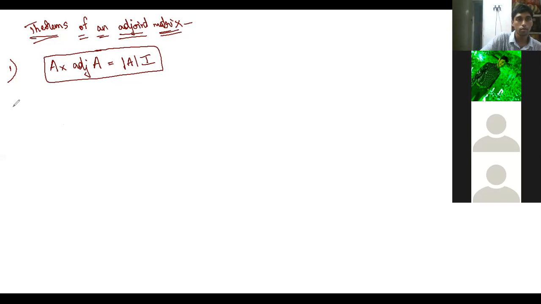Proof. This is A into adjoint of A. So actually, adjoint of A is nothing but the transpose of the cofactor matrix of A, right?